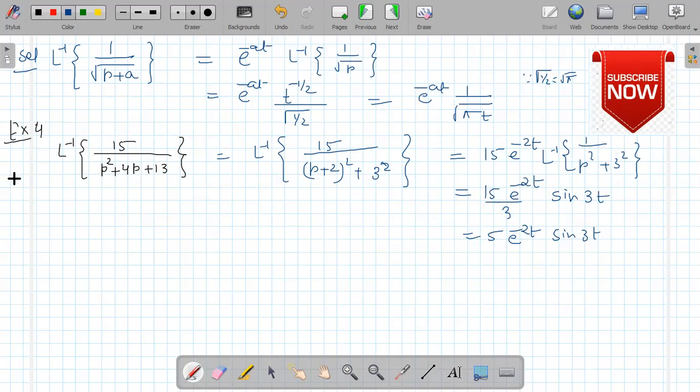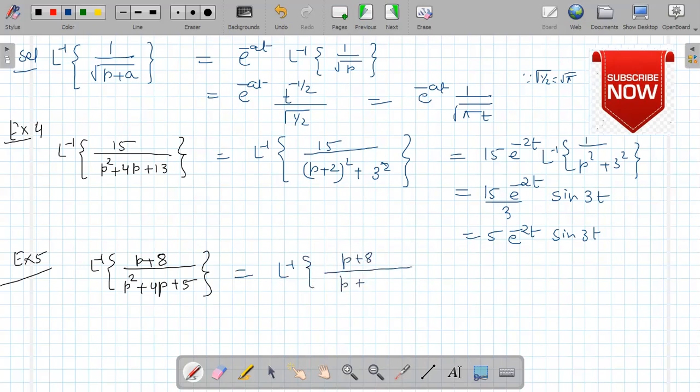Okay. Next example is, find the Laplace inverse of p plus 8 over p square plus 4p plus 5. Again, we make the denominator a perfect square.